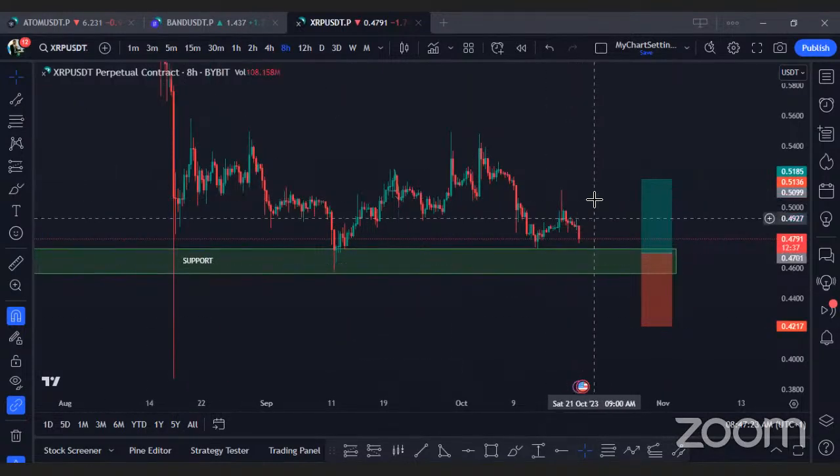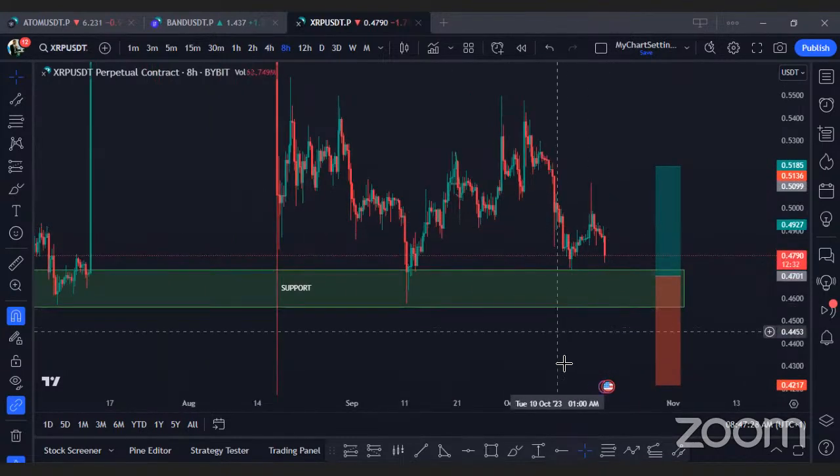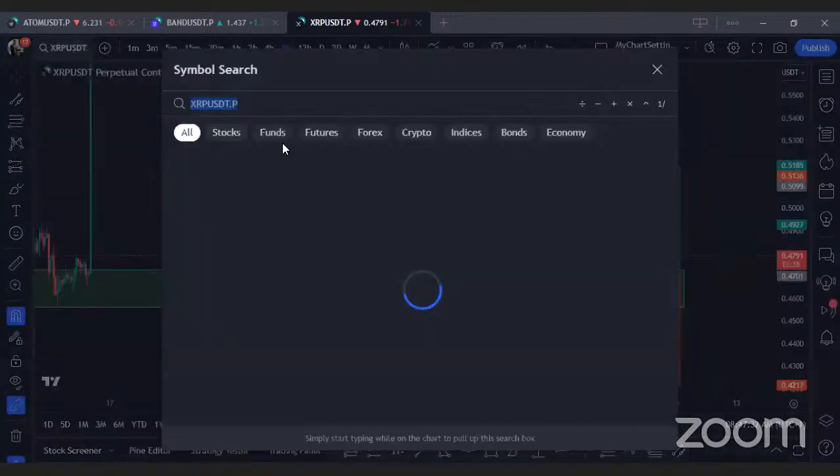But I see a rejection at that 47 to the upside. So take a long at 47. 47 cents will be a good area to start taking trades to the upside for XRP.